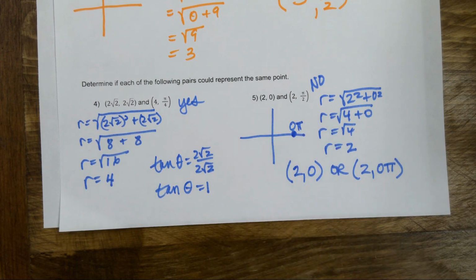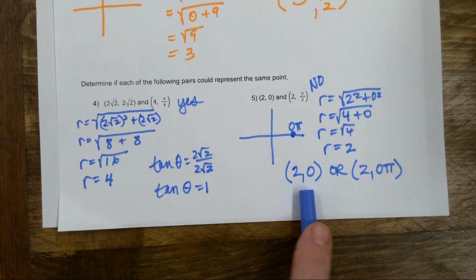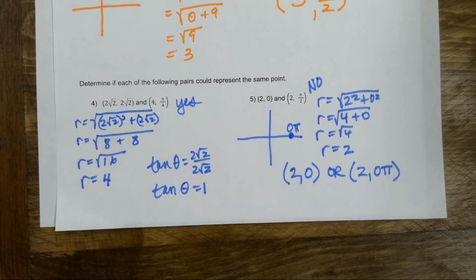So when I write my correct point, I can write it as either 2 comma 0, which is the way it's mostly written, which is weird because it absolutely matches this first one, and you might look at it and go, how do I know if it's polar or if it's rectangular? Well, you know it's polar because they'll say the polar coordinate that you have, okay? But sometimes I write it as 0 pi just because that converts it into a polar coordinate visually.